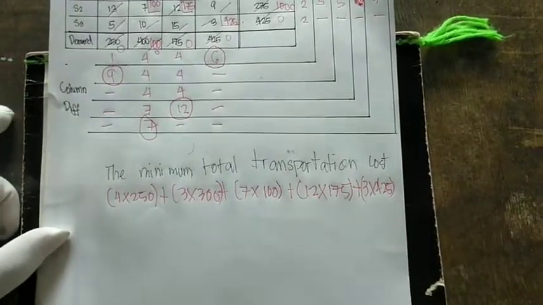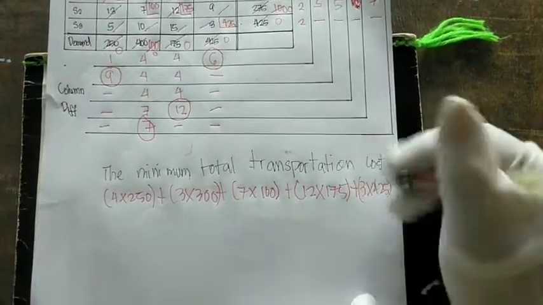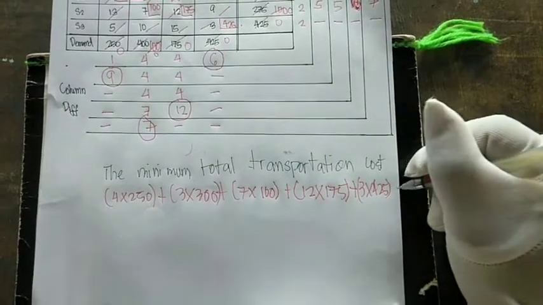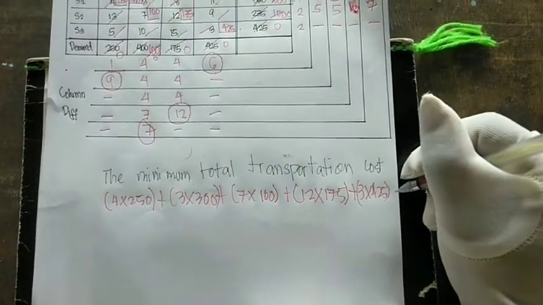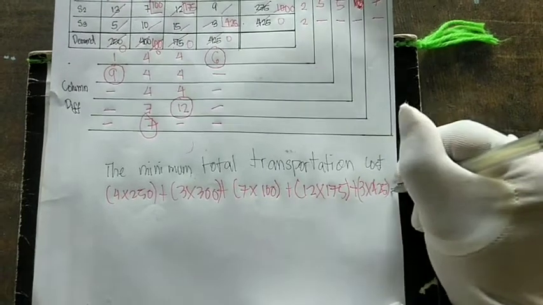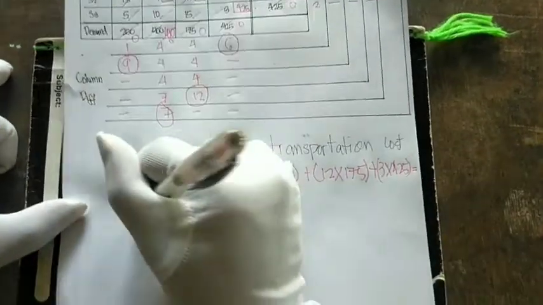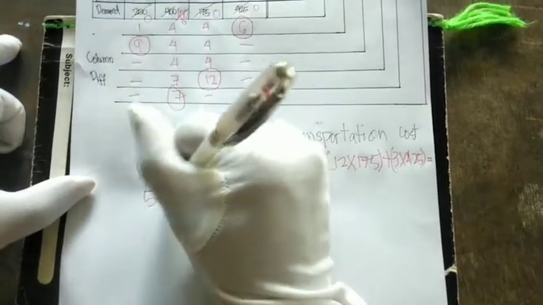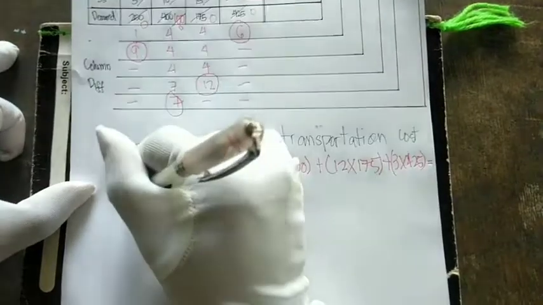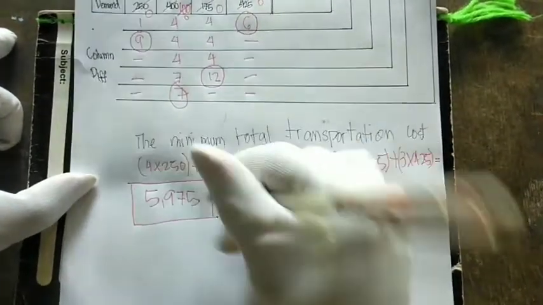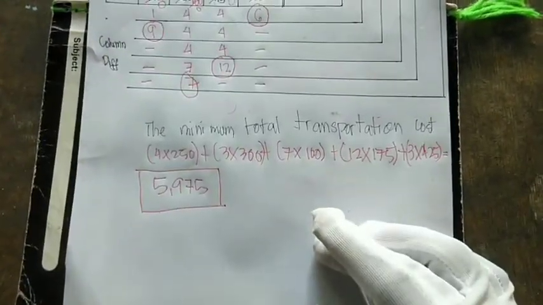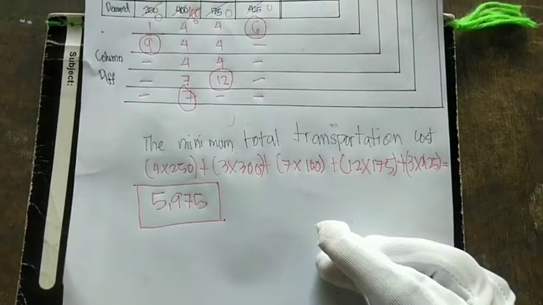So this is our final total cost for the Vogel's approximation method. So this will be equal to 5,975. So this will be our value for the Vogel's approximation method.